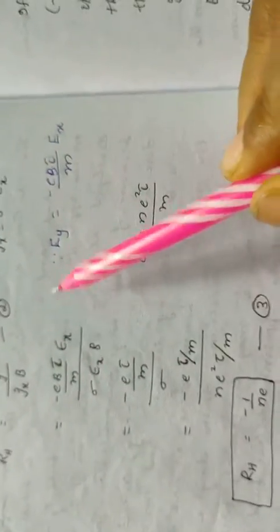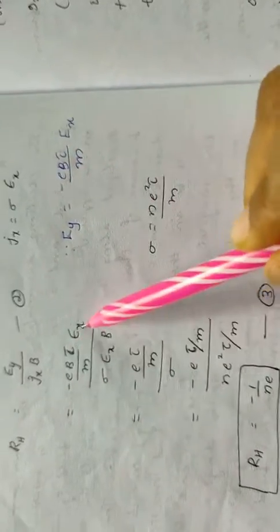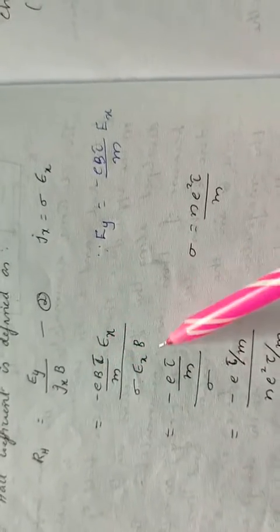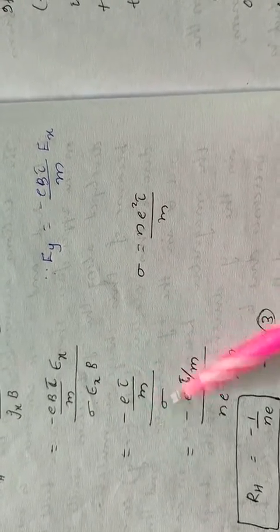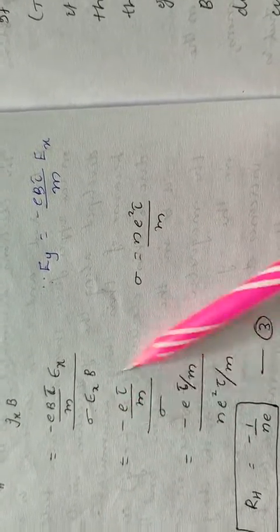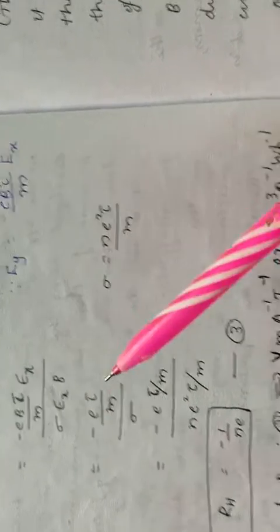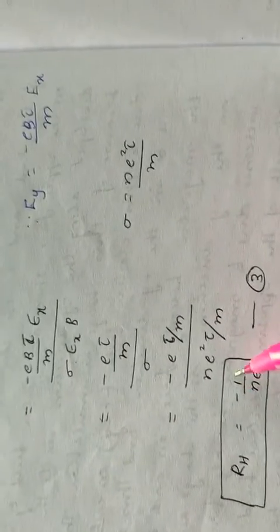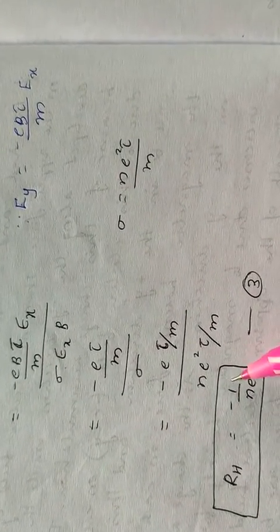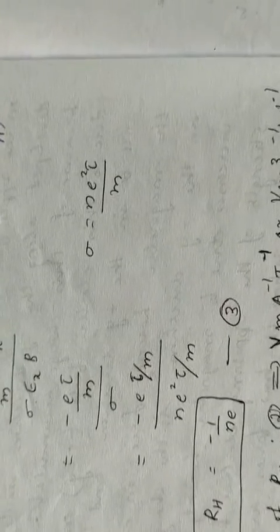So substitute the value of Ey here, so we will get this equation like this. Cutting the terms which are cancelling, we will get RH is equal to minus 1 by ne. This is the Hall coefficient.